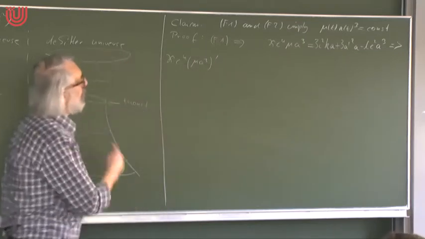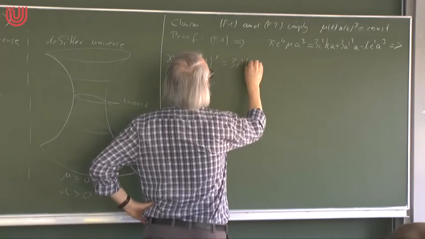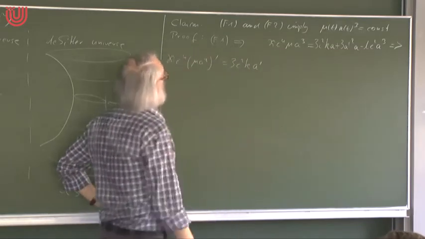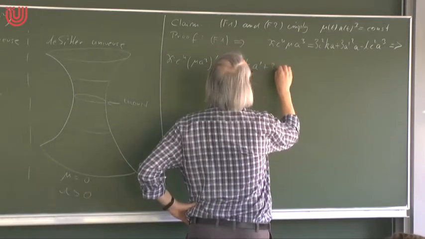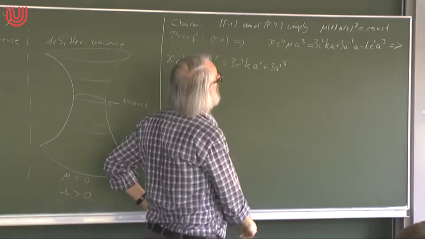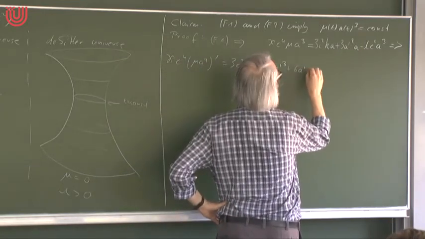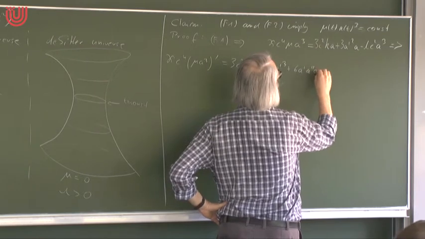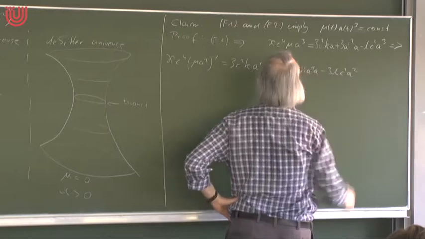And from this, we get by differentiation, these of course are constants. So I calculate the derivative of the right-hand side, then I get 3c squared k a prime plus 3 a prime cubed plus 6 a prime a double prime a minus 3 lambda c squared a squared.